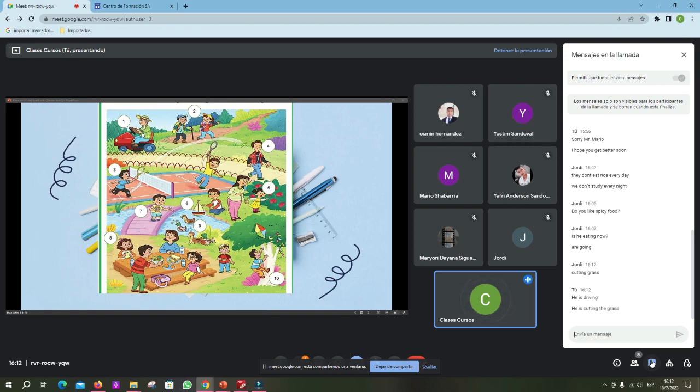So you're going to write sentences about the things that they are doing in this case, right? You're going to write the sentences here in the chat, okay? For example, that is number one, right? He is driving, or he is cutting the grass. Use the numbers that you have there.